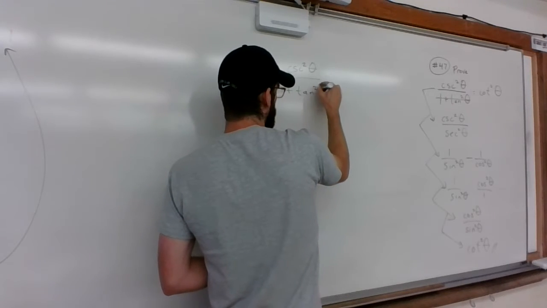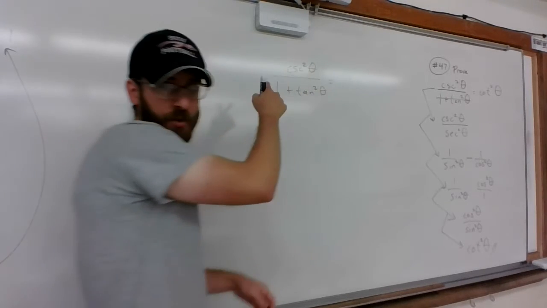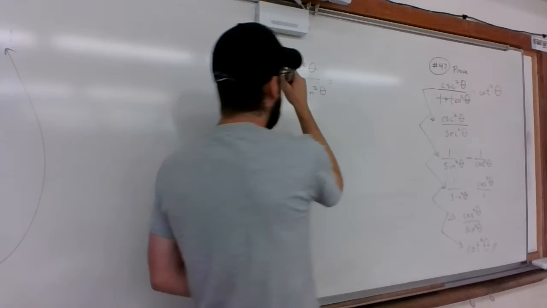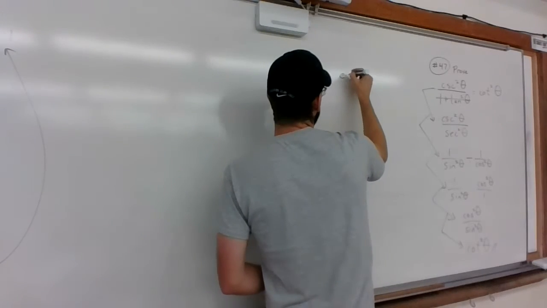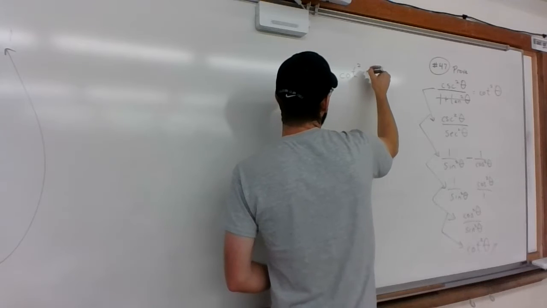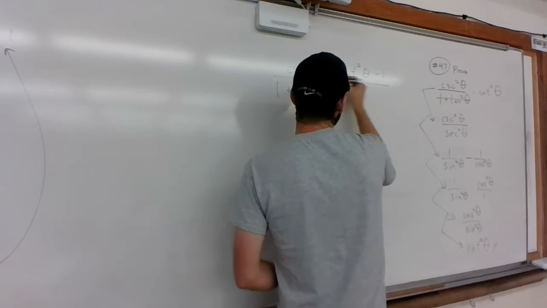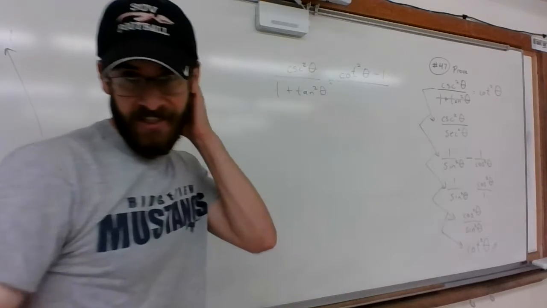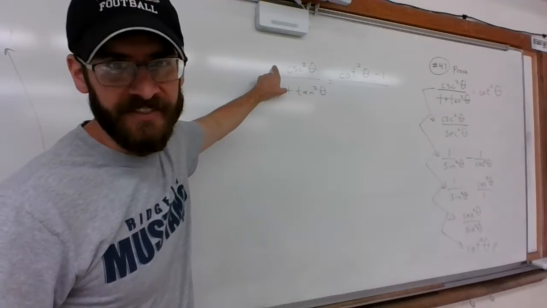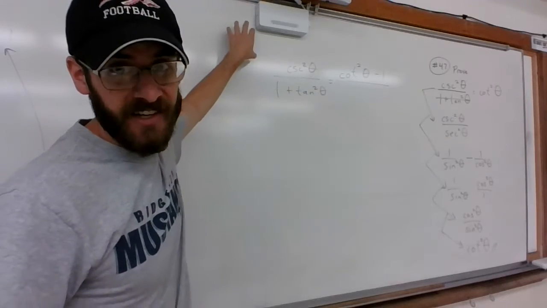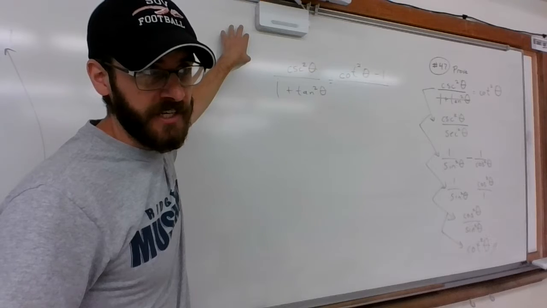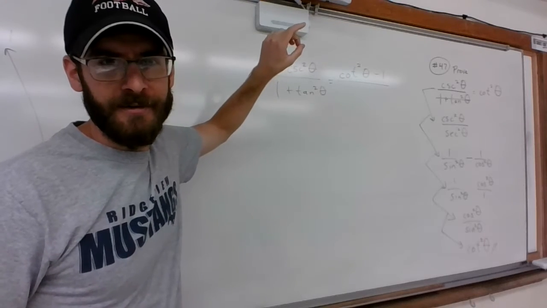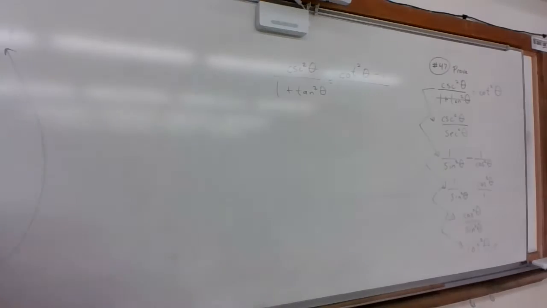So the other way was changing the cosecant squared into cotangent squared theta minus 1. All right, if you look at that formula sheet, that is how you can manipulate the identity 1 plus cosecant. Wait a second. Let me check that.